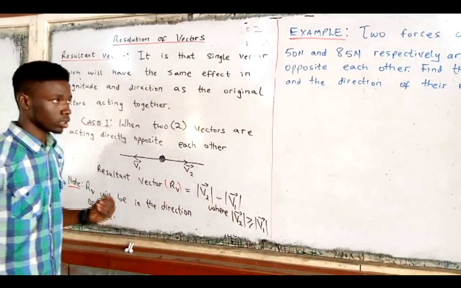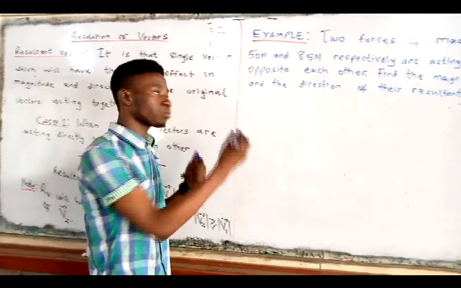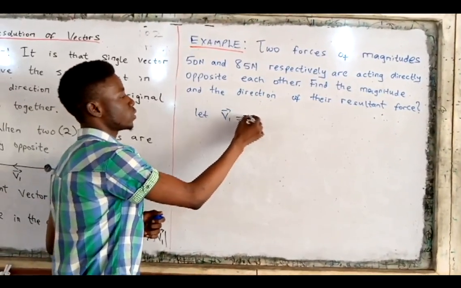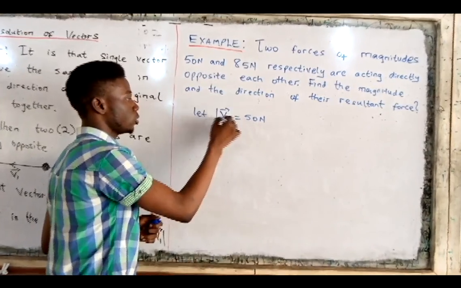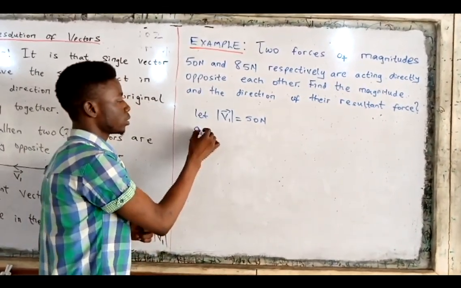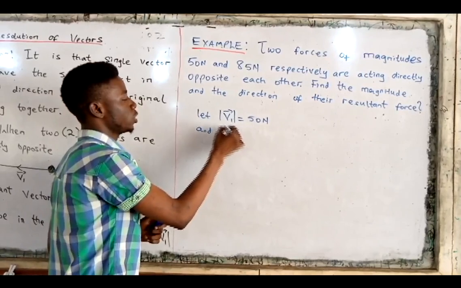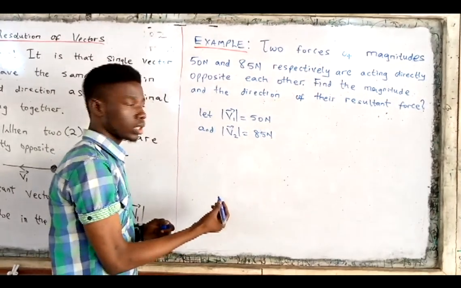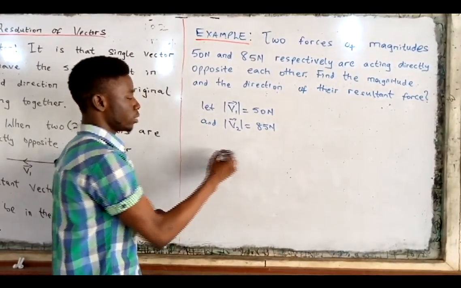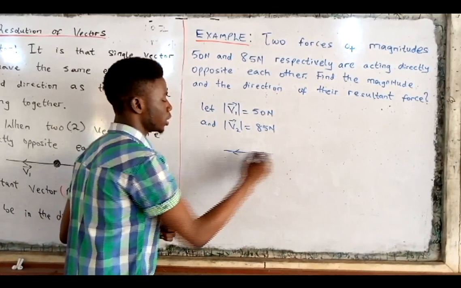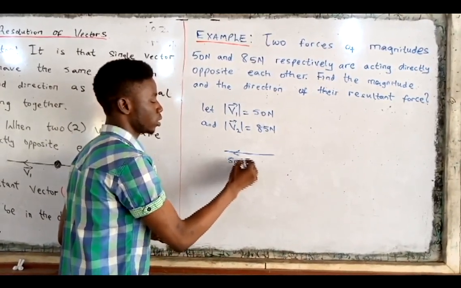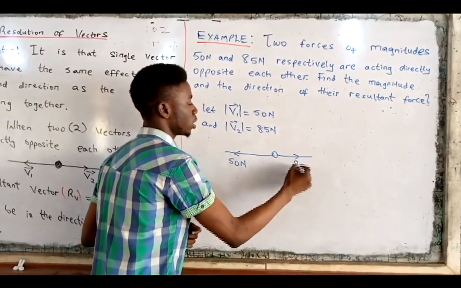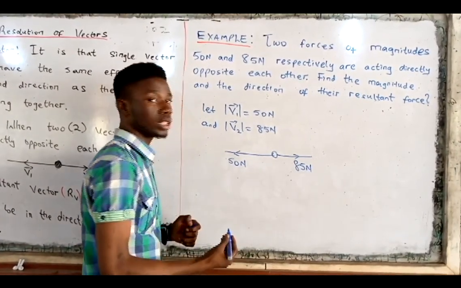Now in this case, we can say let v1 equals 50 Newton. That's the magnitude of v1. And v2 equals 85 Newton. Now, you see that the action of v1, which is 50 Newton, can be in this way, and the action of v2, which is 85 Newton, can be in this way.